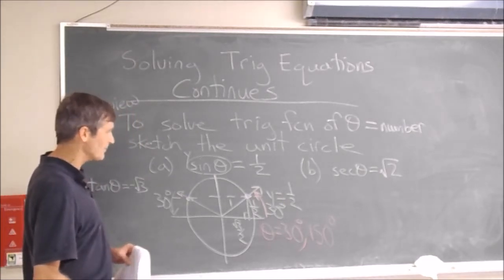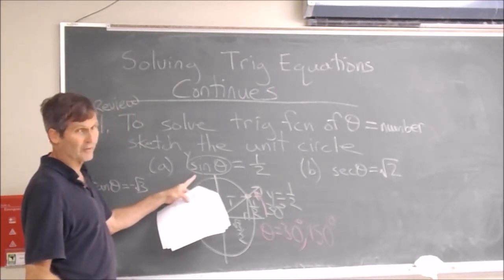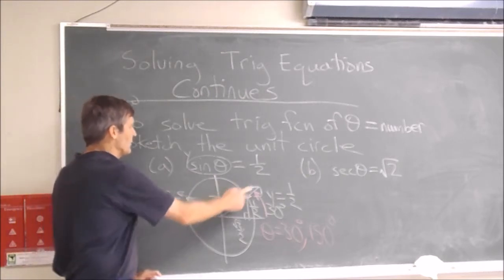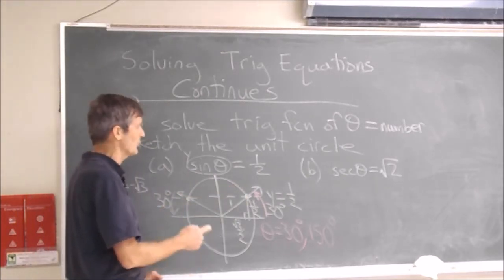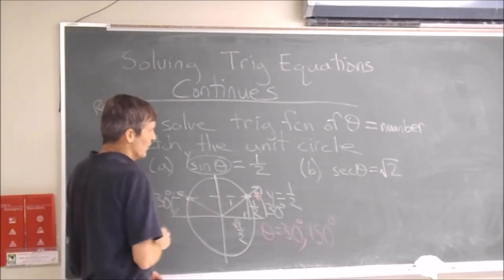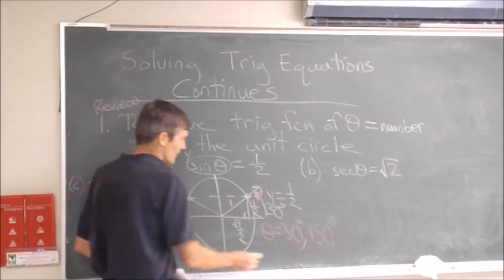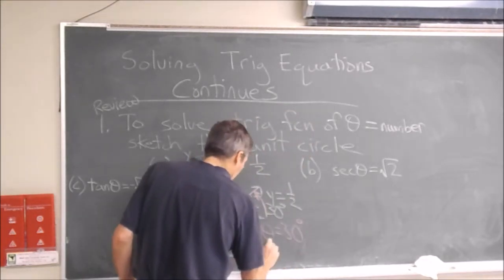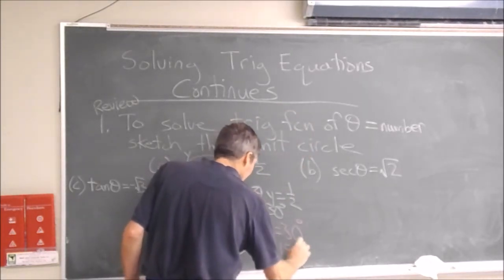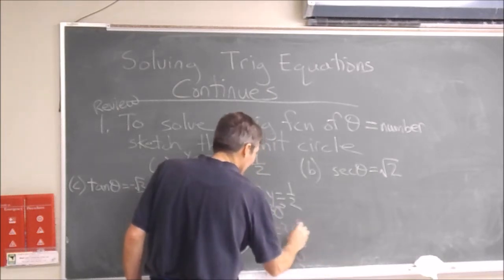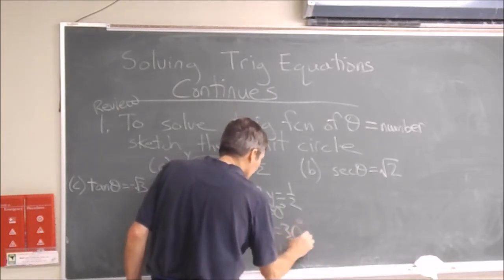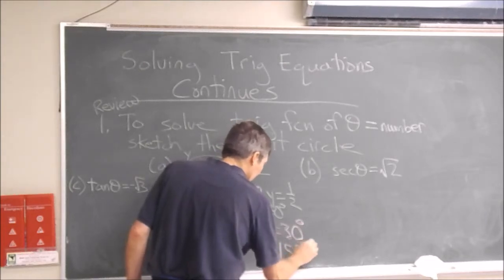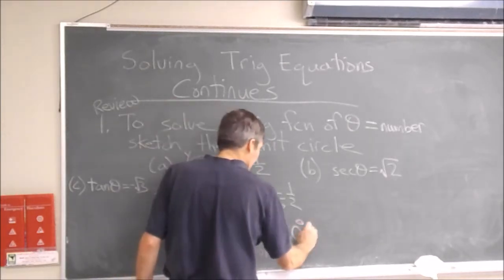Now, if I have a problem like this where I ask for any angle theta, then you say all the other angles still have to have these 2 terminal rays. What are they? They're all the coterminal angles. You can add any multiple of 360 degrees to either of these. So let's write it that way now. It could be 30 degrees or 150 degrees plus a multiple of 360.